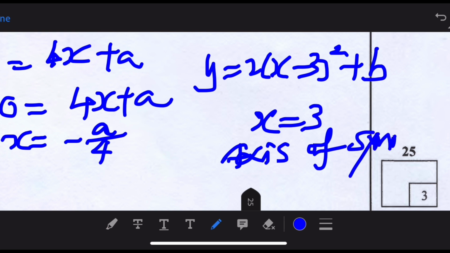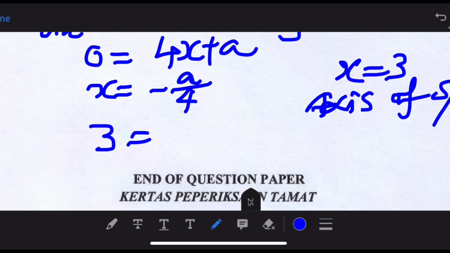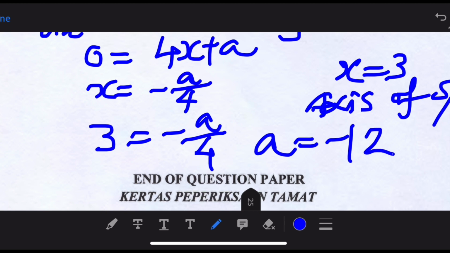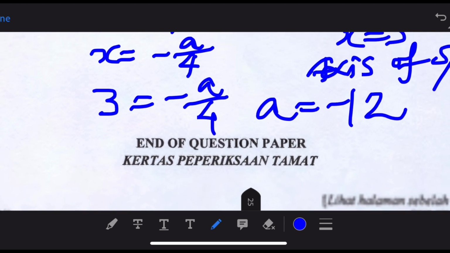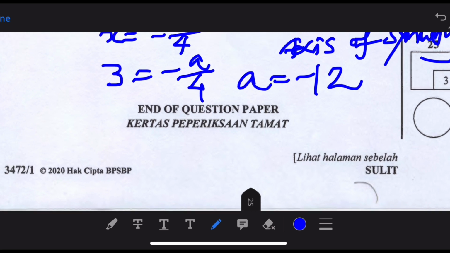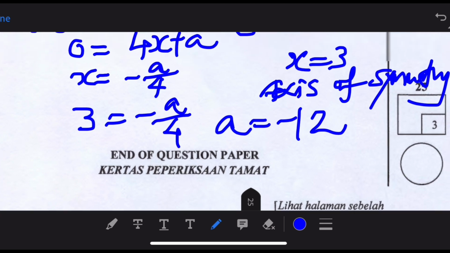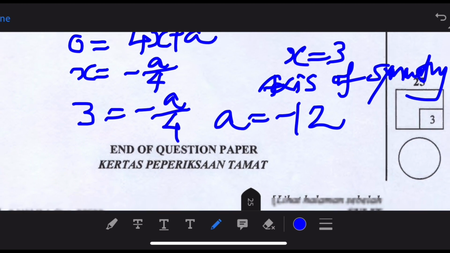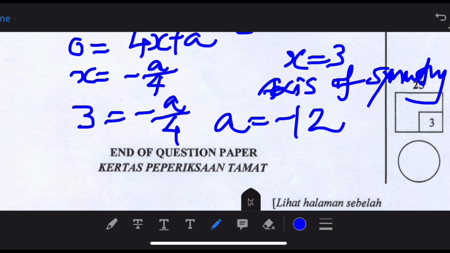So you are still getting the same answer even though you're using a different method. So that is another way you can explore as many solutions as possible, and you choose the shortest way to do it. All this actually needs you to practice. You must practice more, and you can do well in your coming exam next year.